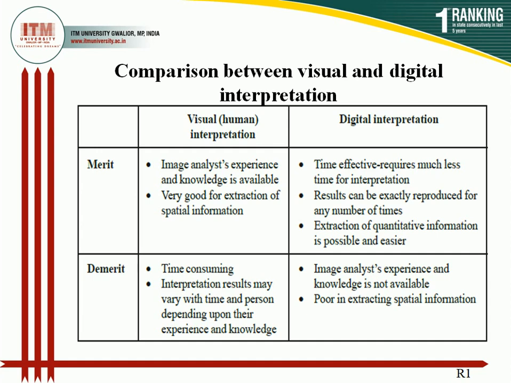But the extraction of spatial information is very poor in the digital interpretation. If the image of a particular small area is considered, then it is a very costly process. If you have to interpret a particular area only one time, then it is also a costly process. Startup cost is very high.